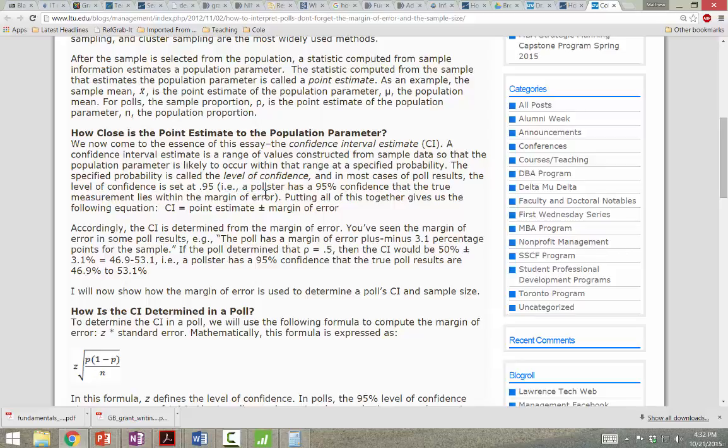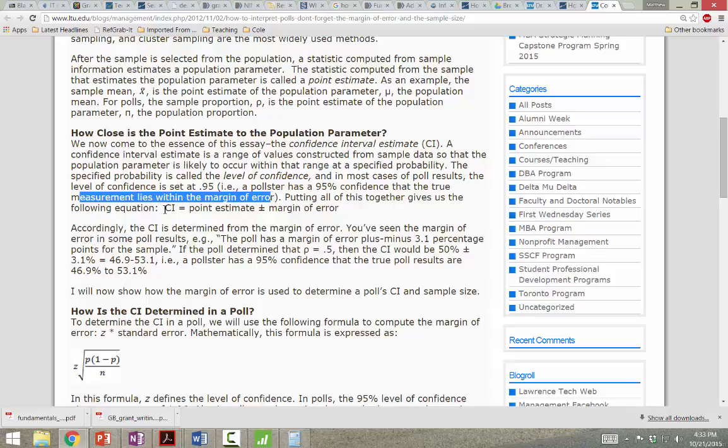And what we see when we see poll results is the poll results, or the probability, and then we see another number next to it, and that's called the margin of error. The margin of error tells us how confident we are at a 95% level of confidence that the parameter, the true measurement, the population parameter, lies within the margin of error.